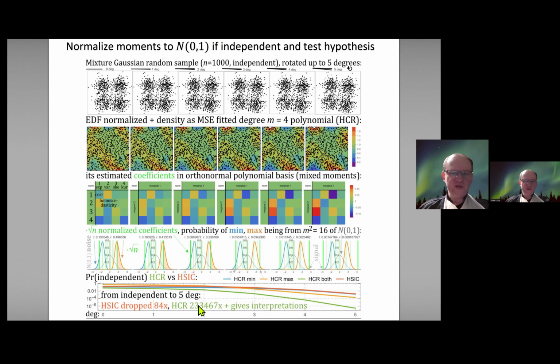From independent to 5 degrees, HCIC drops 84 times, HCR 200,000 times. So in many tests, it seems more sensitive. If there are dependencies, the method is more likely to find them. And also it's much cheaper and describes the dependency. So there is larger density here, larger here, and so on.